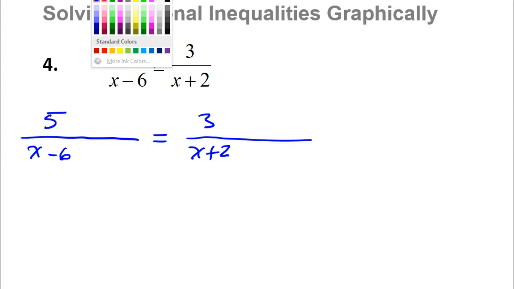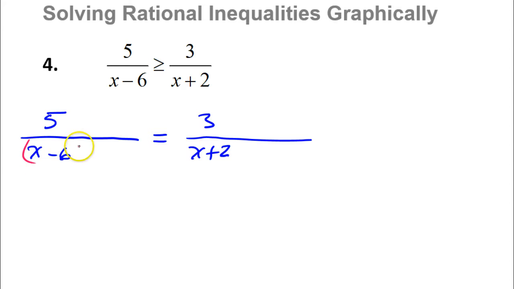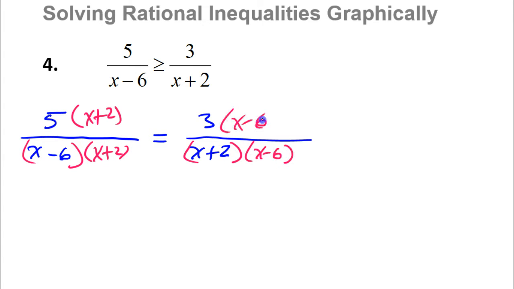One way to solve this equation is to make the denominators the same. So I'm going to put x plus 2 over here, and x minus 6 over here, in the numerator and the denominator. Now the denominators are the same. Are you with me so far?